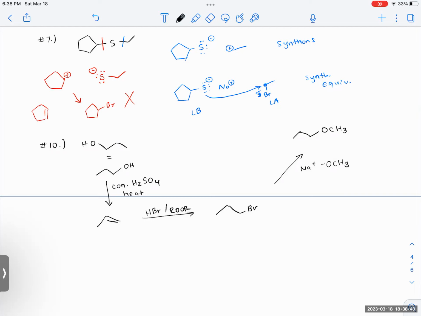Is it just because of the presence of the alcohol that we have to go through this multi-step process instead of just being able to do an SN2 reaction right off the bat? Yeah, because remember, the OH is not going to substitute with anything.